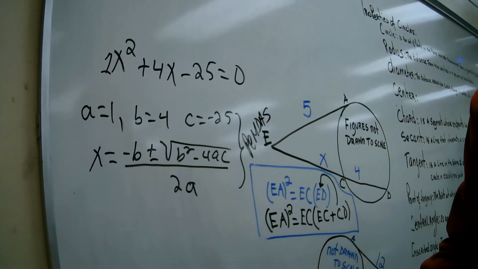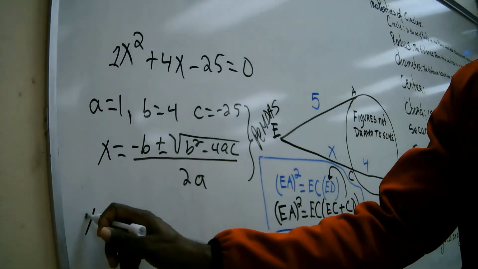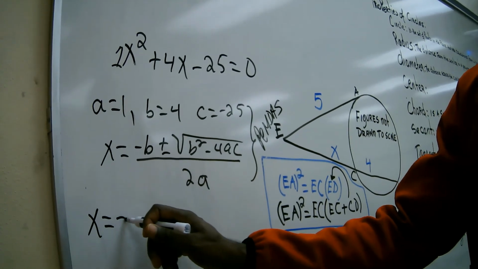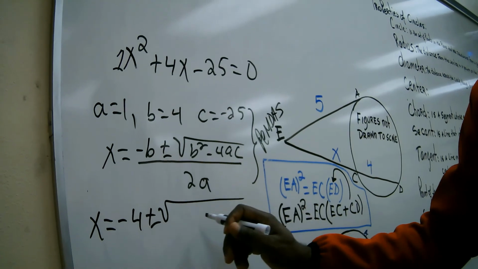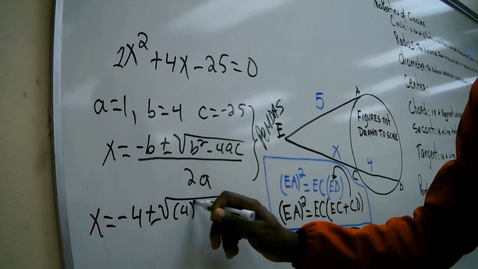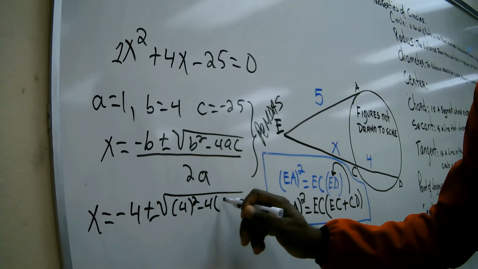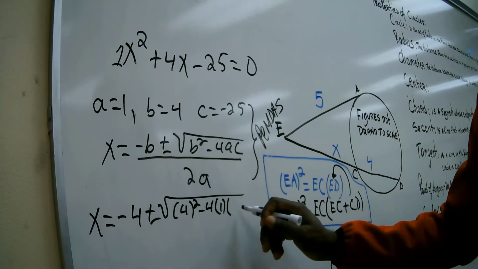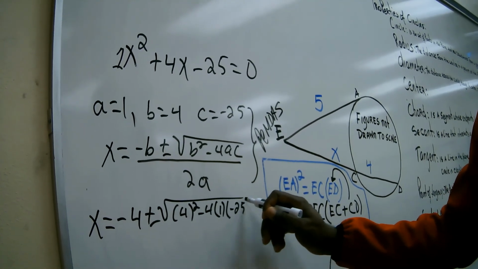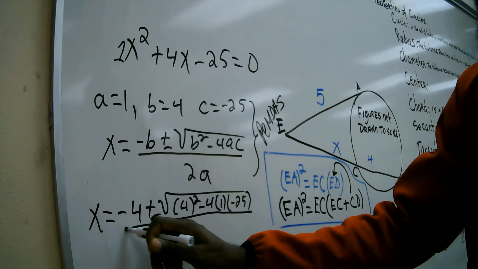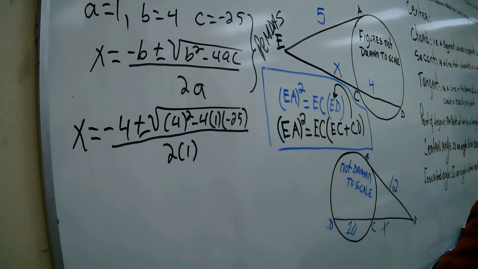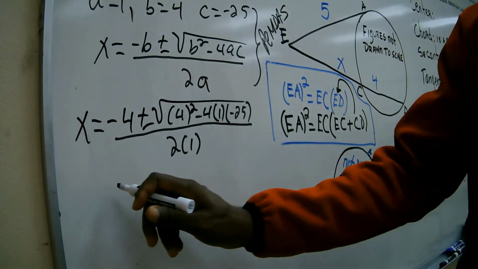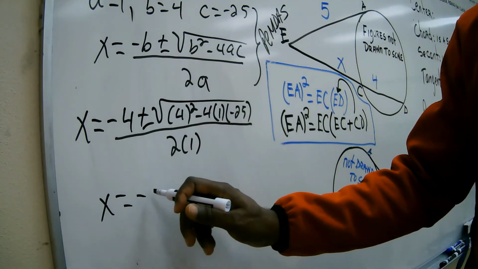In this case, you will have x equals negative b, that will be negative 4, plus or minus the square root of 4 squared minus 4 times 1 times negative 25, everything over 2 times 1. You continue the process and are supposed to get the same outcome.